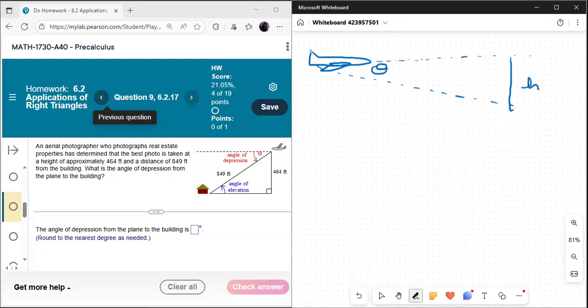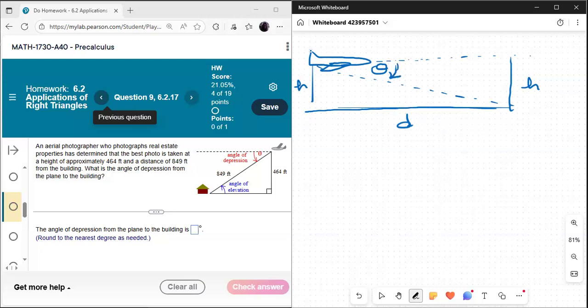And this is my height. And we can draw land here, okay? So this could be some distance here, and this could be height, okay? So the angle of depression is off of the horizontal line. And so this is the angle of depression.